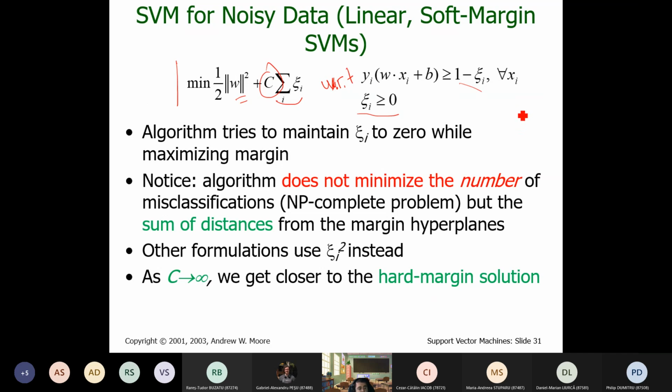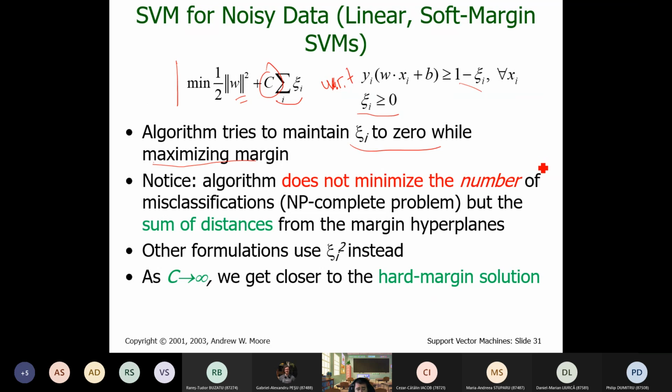This problem, after introducing the Lagrange multipliers, will be solved with quadratic programming. The algorithm will try to maintain the xi's at 0, and at the same time it will try to maximize the margin.